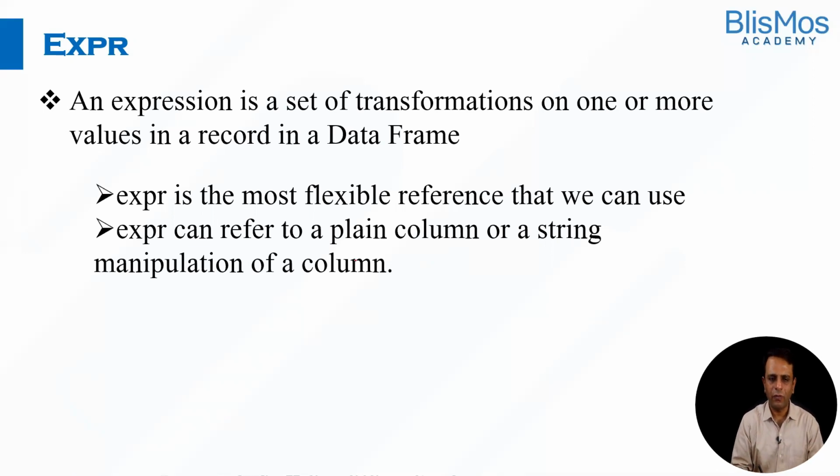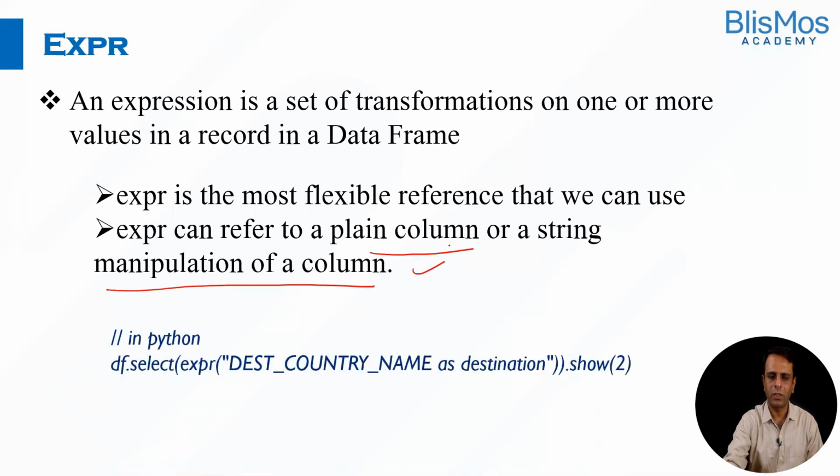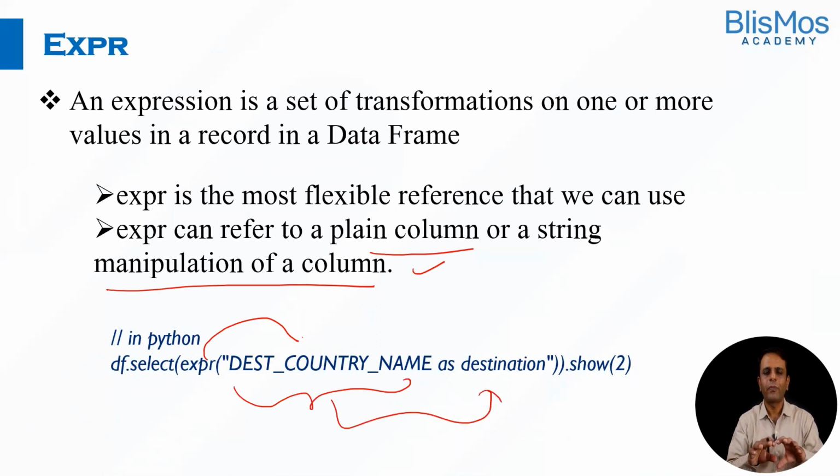Either we can refer to a column or we can also do a string manipulation of a column. What does it mean? Here, as a part of the expression, we are trying to do a string manipulation. For example, we are trying to rename this column as destination. We are doing string manipulation of a column.